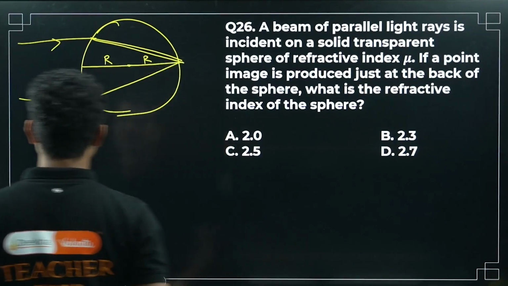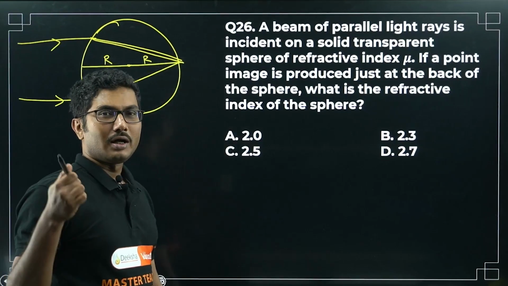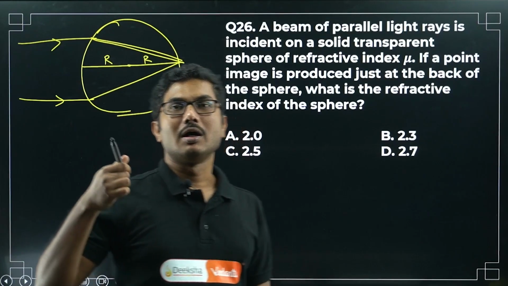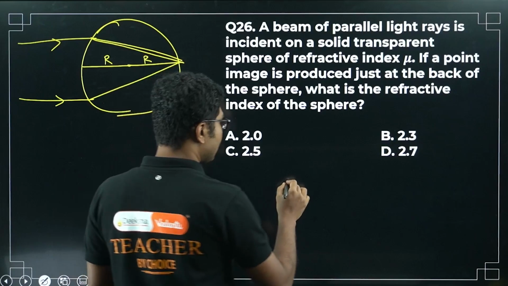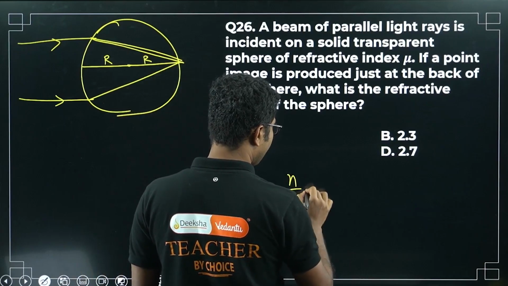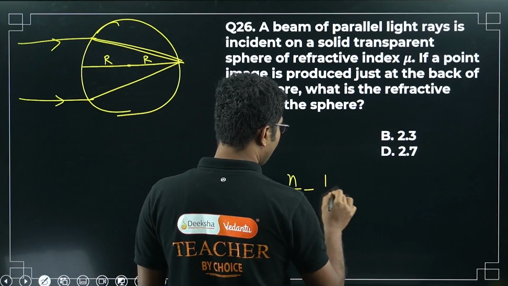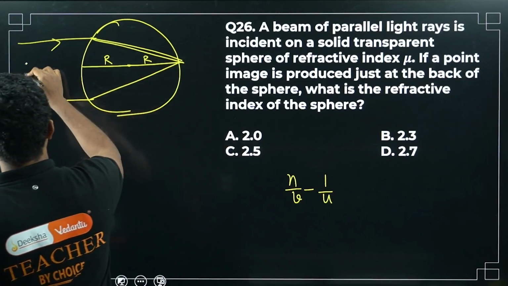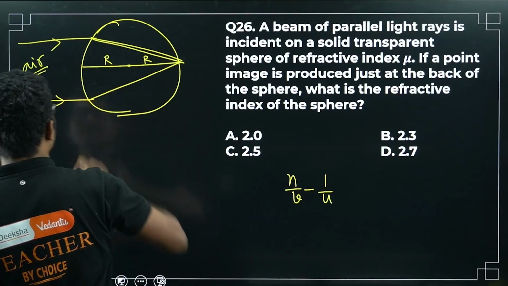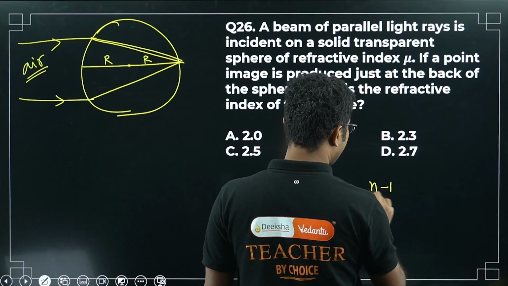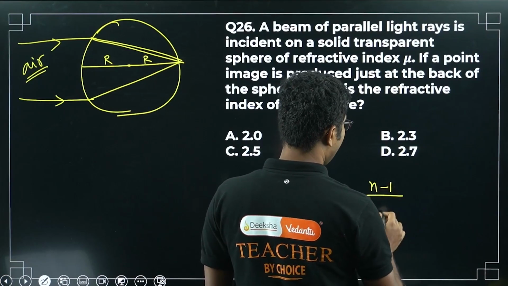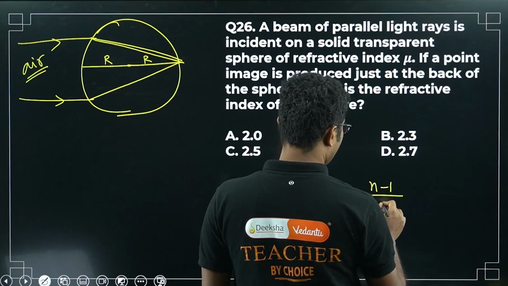Now we know that for refraction through a spherical surface, the equation is given by n by v minus 1 by u. Here it is air, obviously, so that equals n minus 1 divided by r.